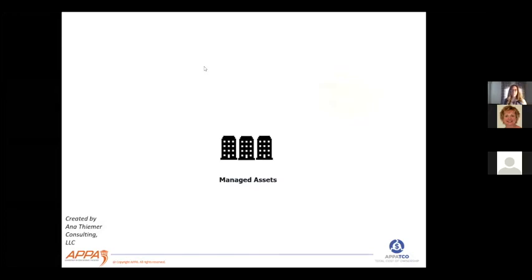Managed assets, okay? We're going to go back through this chart again. So managed assets, you need to know, are you just doing the building itself as a whole, or are you doing all the way down to the subcomponents of that new building?